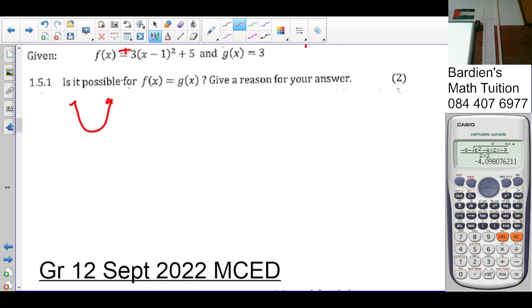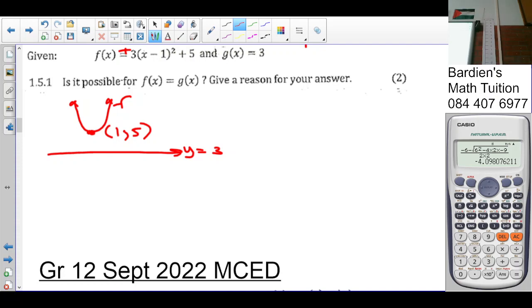Can you see that? So what is the coordinate of this here? 1 and 5. So what do you notice about the 3? The 3 is below that. This is the y equals 3 line, and that is the f of x graph. So they never intersect. So the answer is no, and the reason is because f of x has a minimum value of 5.